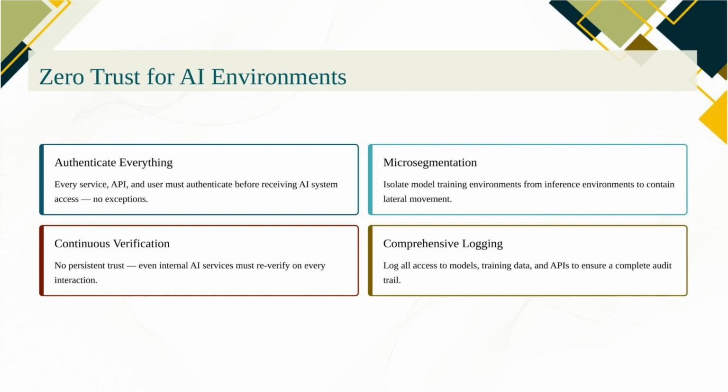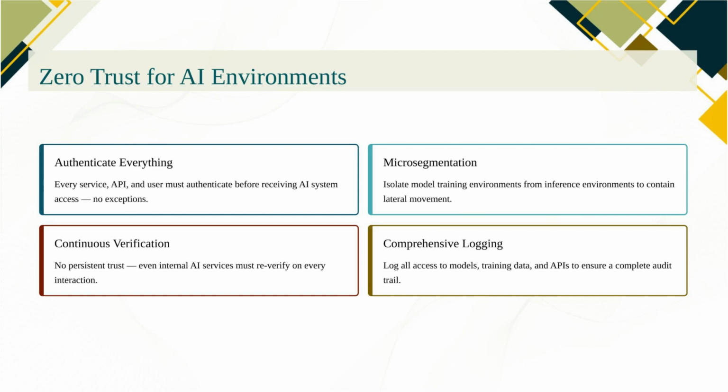Let me make zero trust concrete in an AI context. Every service, every API, every user accessing your AI environment needs to be authenticated and authorized every single time. There's no once you're in, you're trusted. Microsegmentation takes this further. Your model training environment is isolated from your inference environment. The pipeline that prepares training data is isolated from the pipeline that deploys the model.